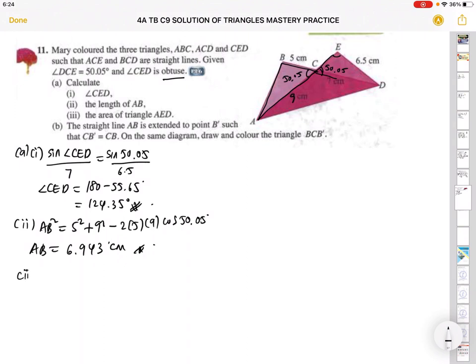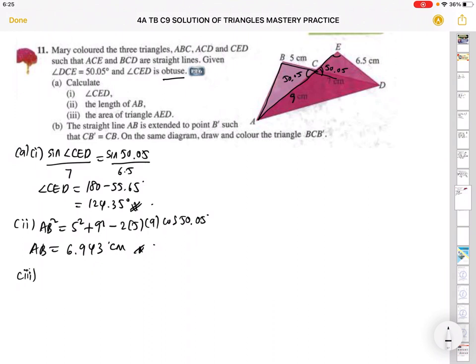Okay, Roman 3, find area of triangle, right? So how to find area of triangle AED? Now, a bit hard to see because of 2-3 triangles involved, but for me, I think it's easier if I find 2 triangles and then add up, rather than 3, which is too long, I have to calculate a lot more.